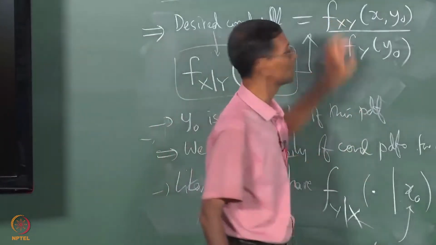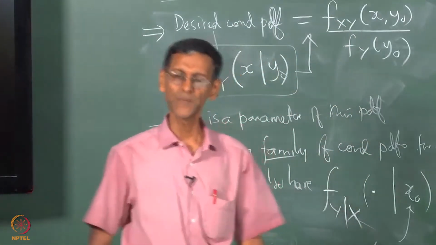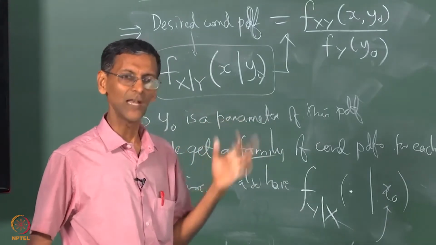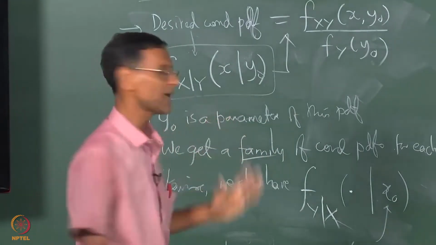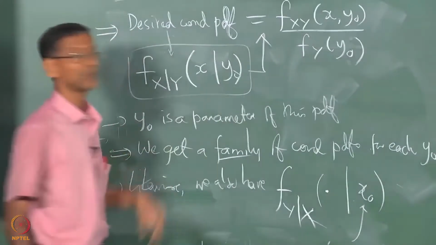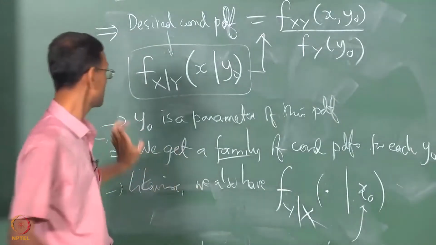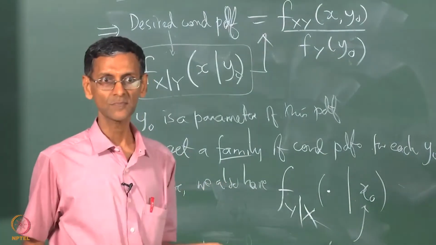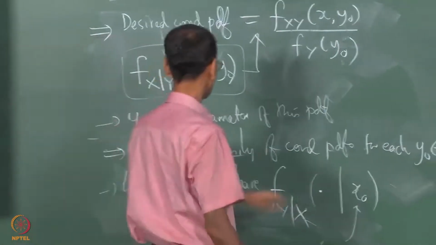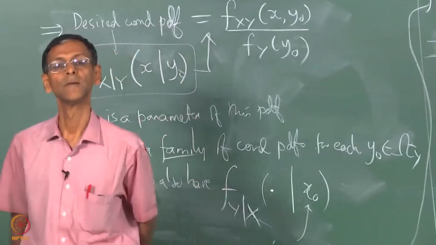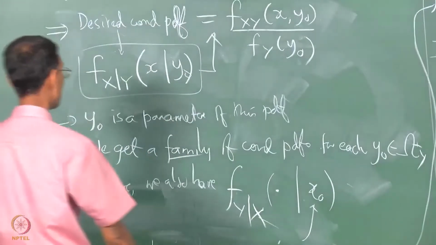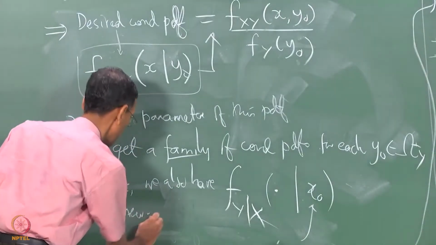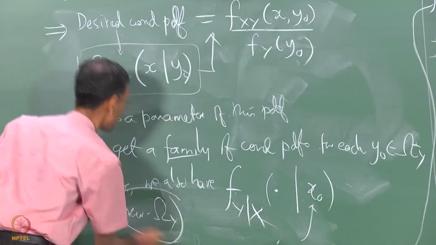These two numerators will look identical, but it is better to indicate the conditioning value with the subscript, just so that you know that it is a constant. Once you freeze this, that is your observation, you are not going to change it, whereas the argument of the function can be anything. And again there is a new omega x in this case, sorry, new omega y in this case. This is all important, right?